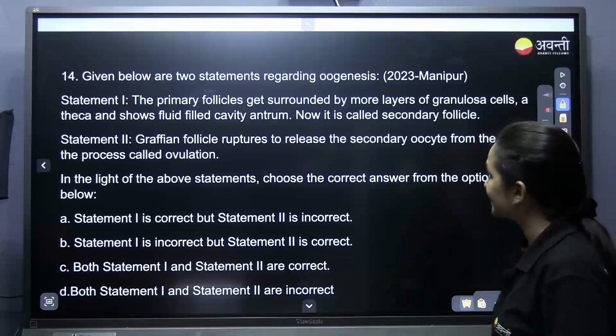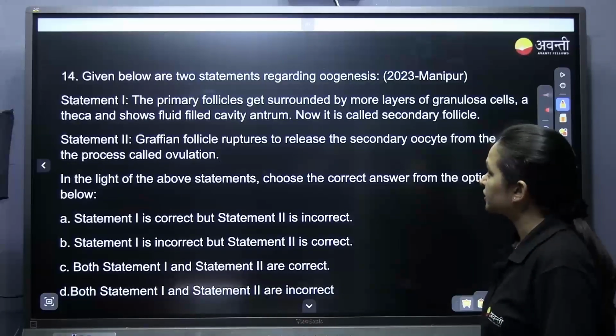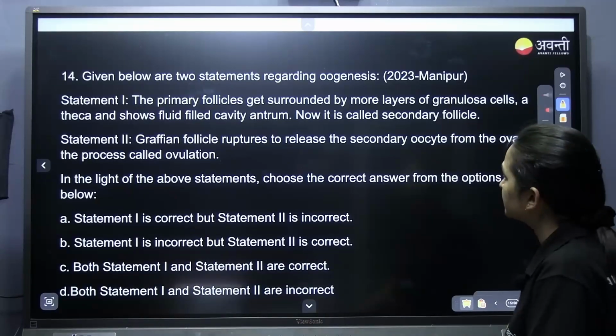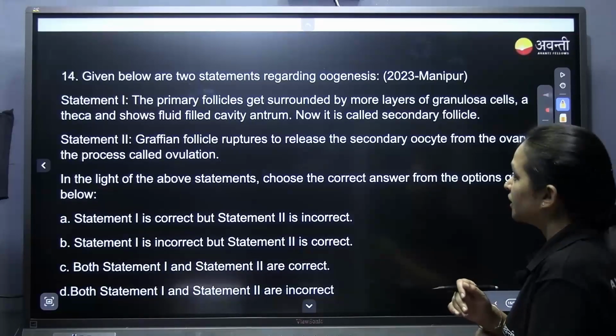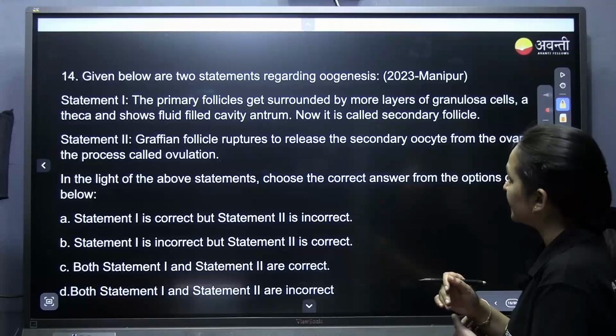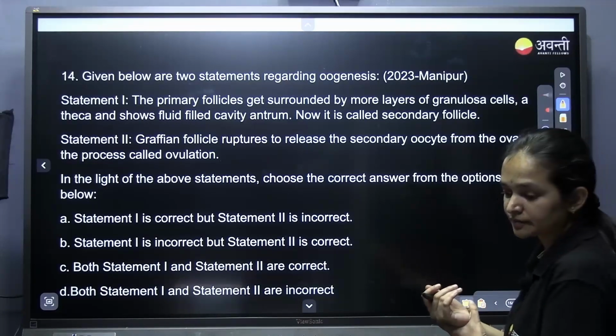Given below are two statements regarding the oogenesis. Statement 1: the primary follicles get surrounded by more layers of granulosa cells and theca, and show a fluid filled cavity, antrum. Now it is called secondary follicle. Is it correct? Wrong.